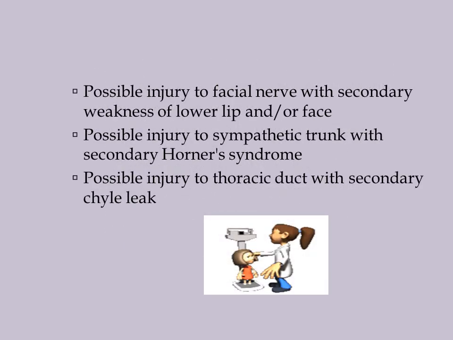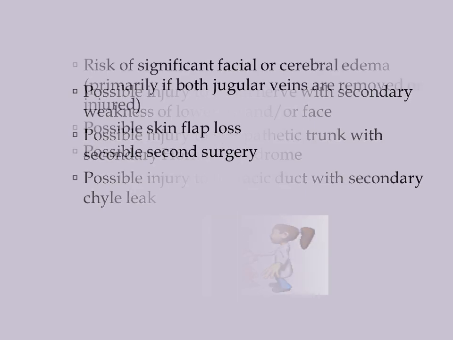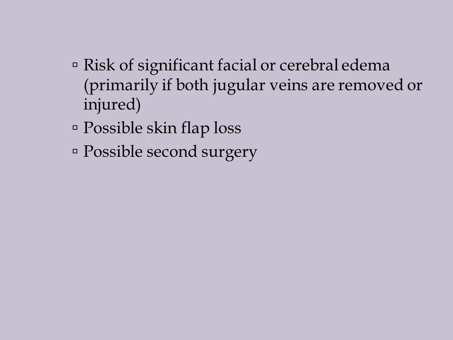possible injury to facial nerve with secondary weakness of lower lip and/or face, possible injury to sympathetic trunk with secondary Horner's syndrome, possible injury to thoracic duct with secondary chyle leak, risk of significant facial or cerebral edema, primarily if both jugular veins are removed or injured, possible skin flap loss, possible second surgery.